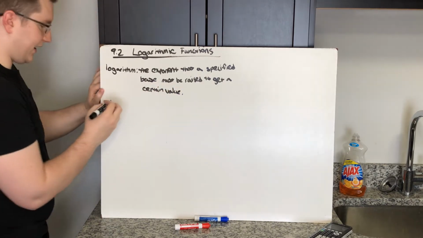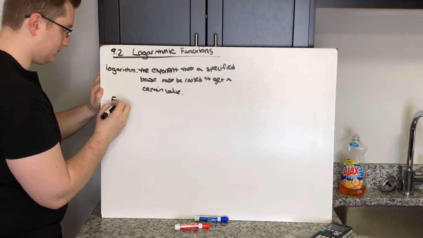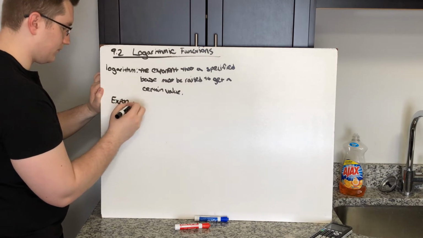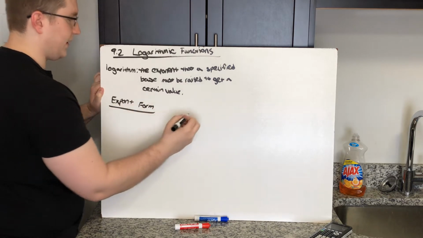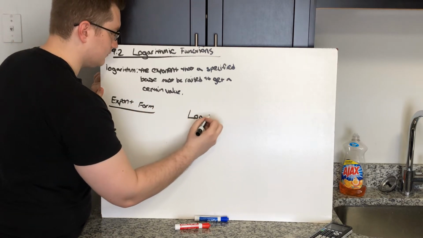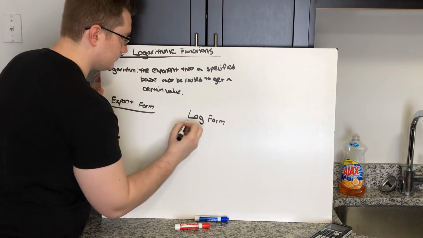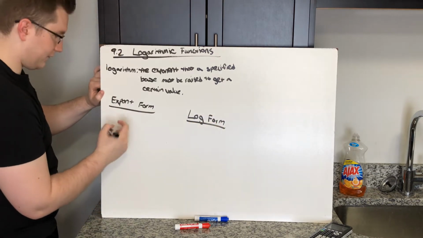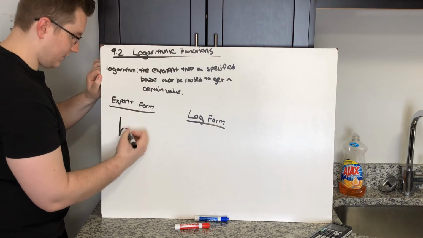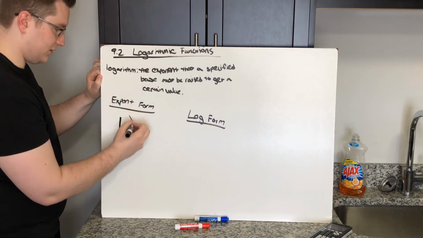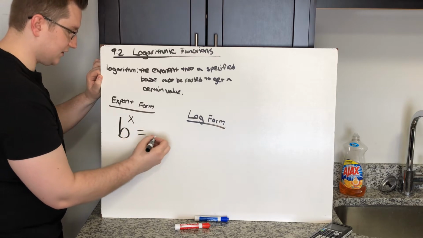So we have exponent form, and we have log form. For exponential form, we have b raised to the x power gives us a.